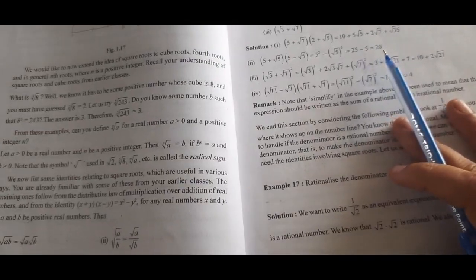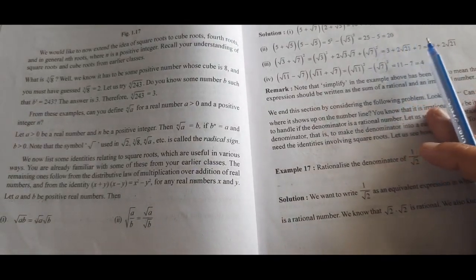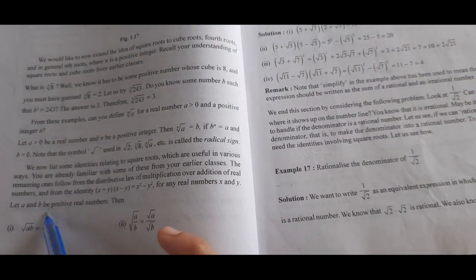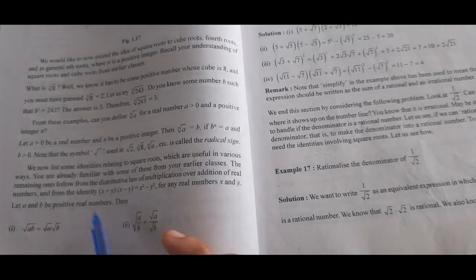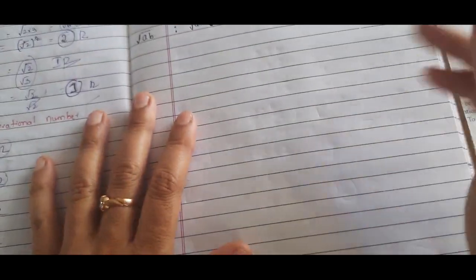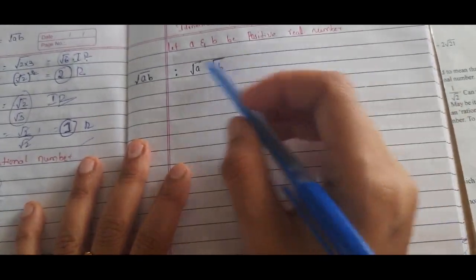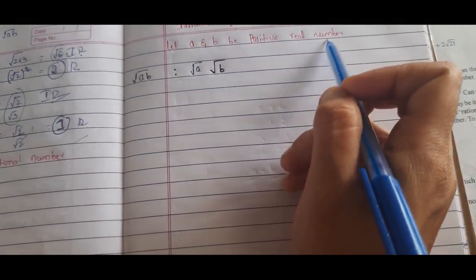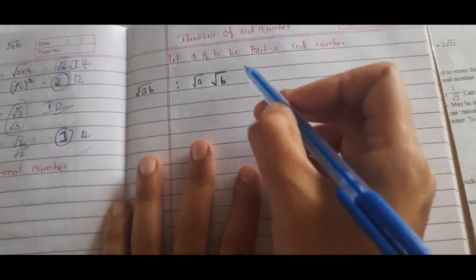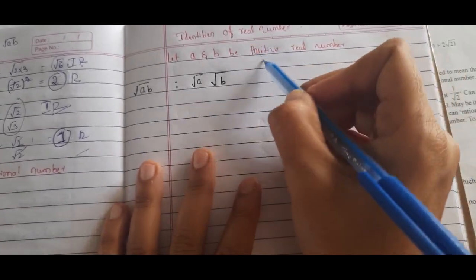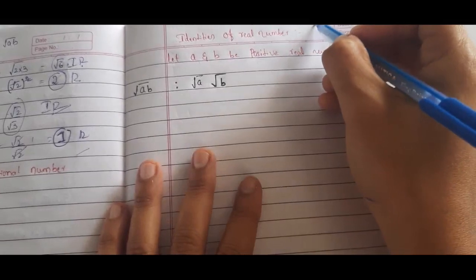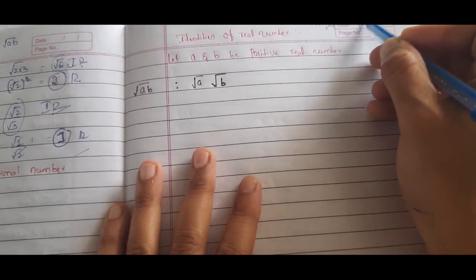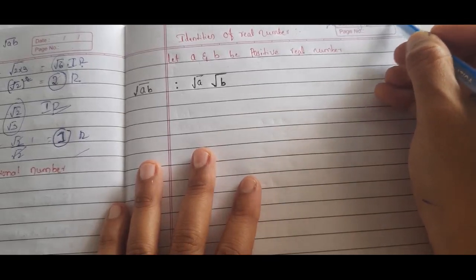Now let's start identities of real numbers. Let a and b be positive real numbers. Here real numbers may be rational or irrational numbers. The condition given is positive real numbers, not minus root 2, only root 2, root 3, root 5.